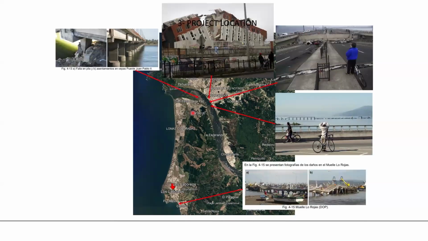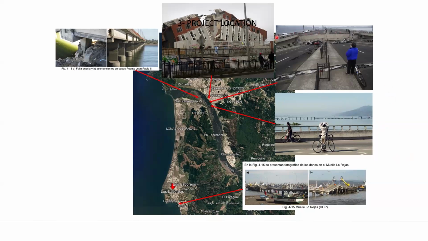And this is an idea of the problem of the earthquake in 2010. The moment magnitude of the earthquake was 8.8. It was a very big one, and the time of the movement was about 3 minutes.